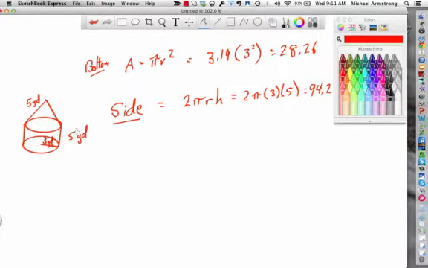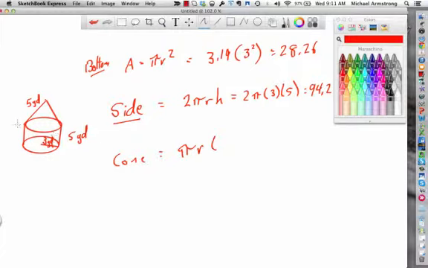So there we go on that one, and that gives us the lateral side and the bottom, but now we still need the cone part, and that one is one that we worked on before. The cone itself is pi times the radius times L, which is the lateral height.